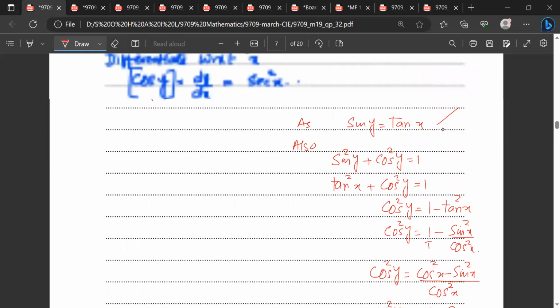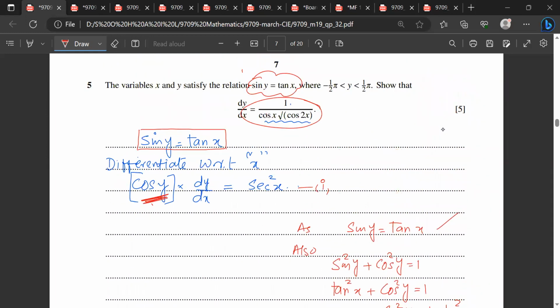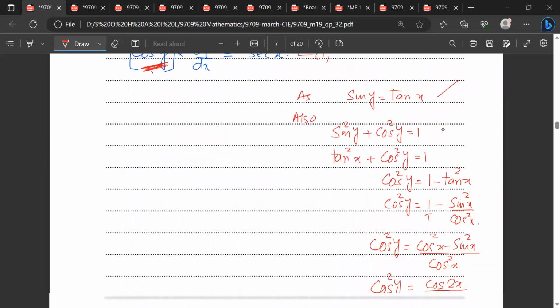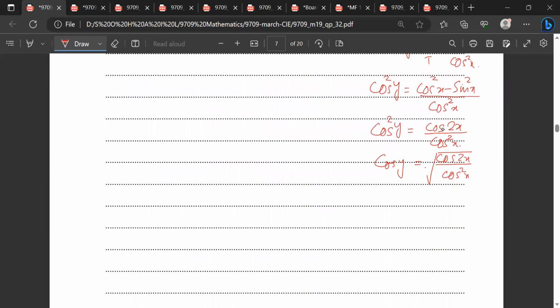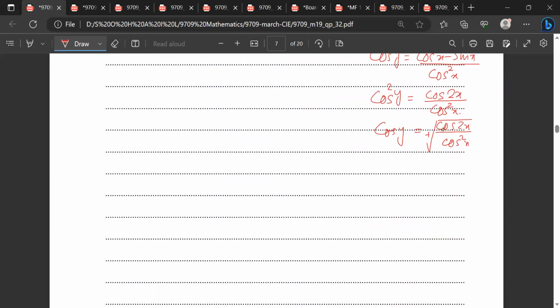Usually we write plus minus, but as y is from minus pi over 2 to pi over 2 here, and cos is positive in these two quadrants, just write the positive sign here. Only choose the positive sign. So cos of y in this way is the square root of cos 2x over cos of x. This working is very, very important. So this is number 2.